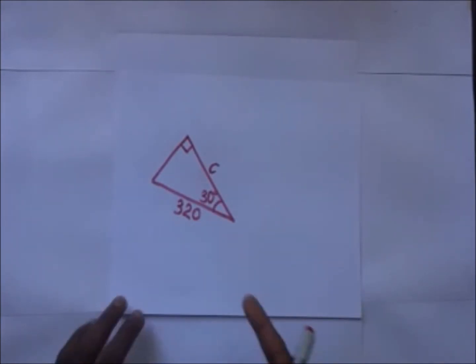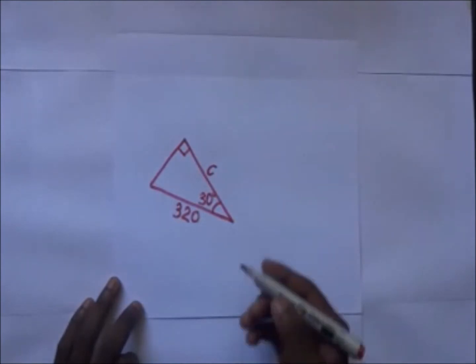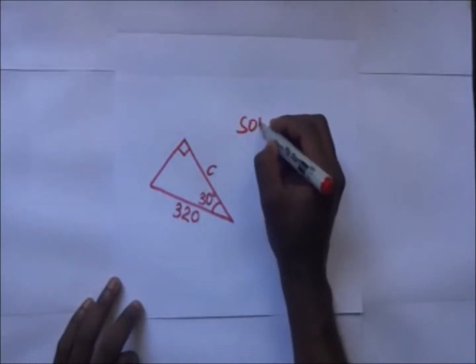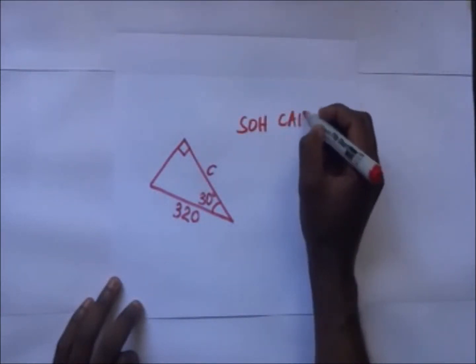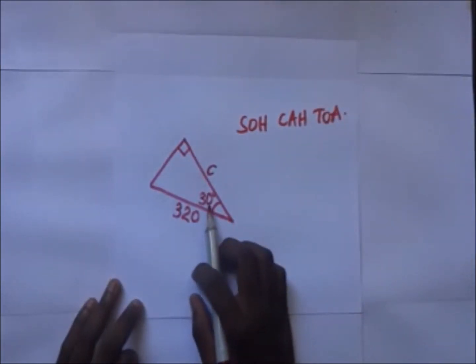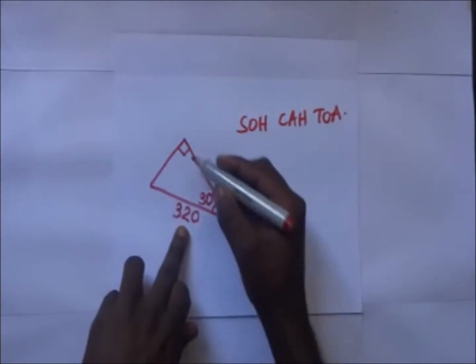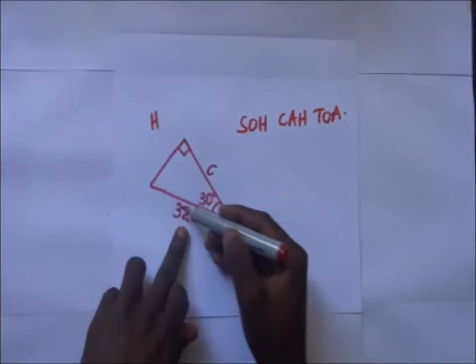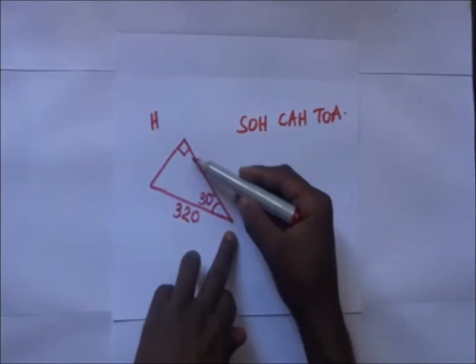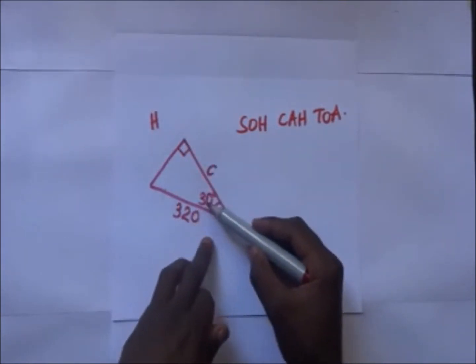We do one more. It's a right angle triangle, so we are still going to use trigonometry to sort it. We have this angle 30, and the hypotenuse, which is 320. So we have a labeled hypotenuse. Now we have this side C, which is adjacent to the angle 30.